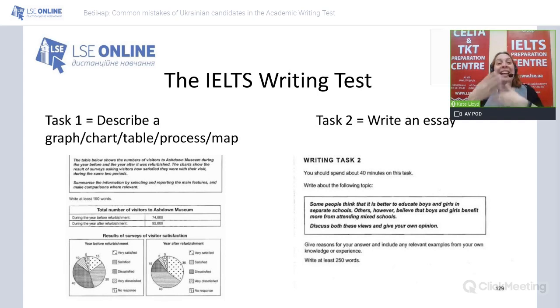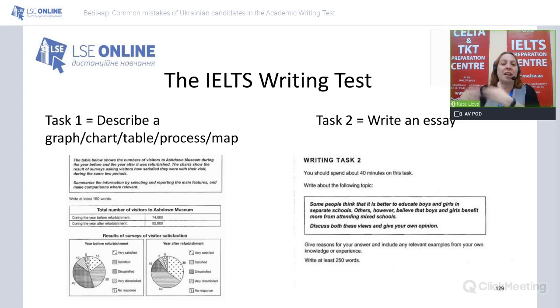And it could be any type of essay. So it could be advantages and disadvantages. It could be for and against. It could be talking about the causes of a problem and the solutions. It could be a mix of these things.